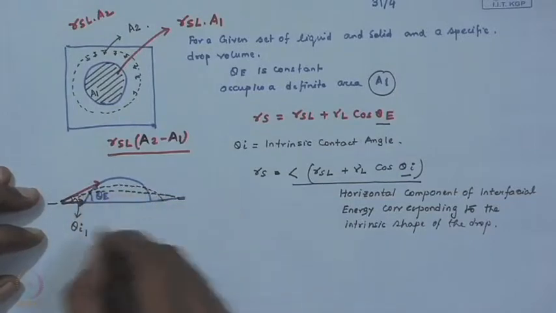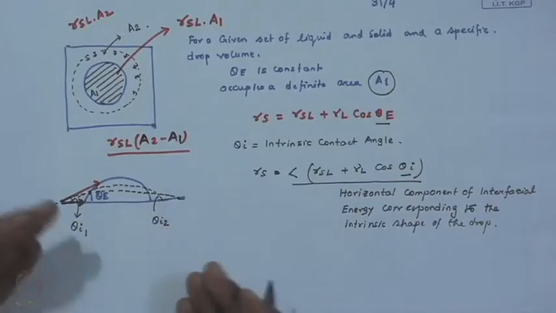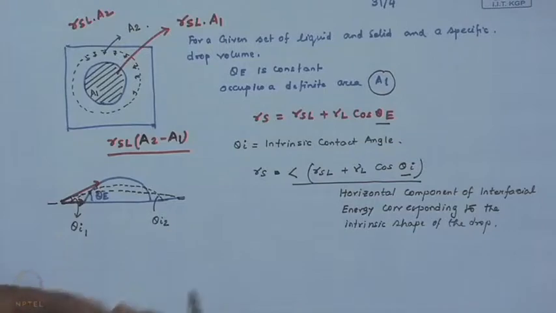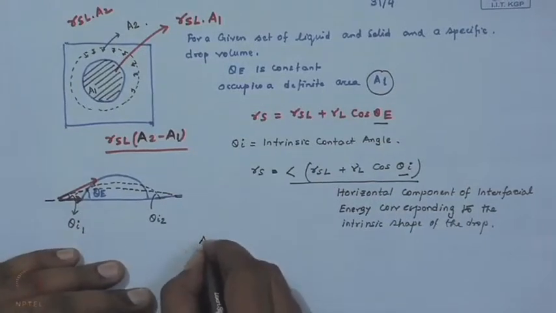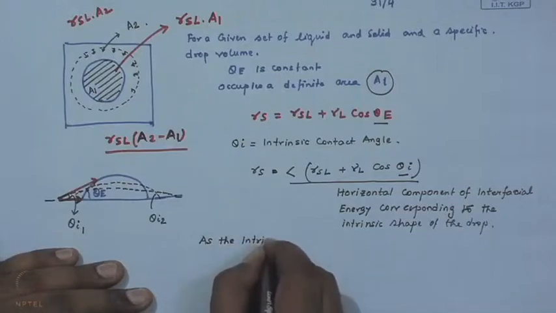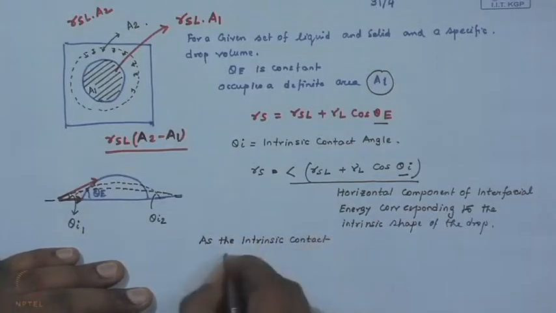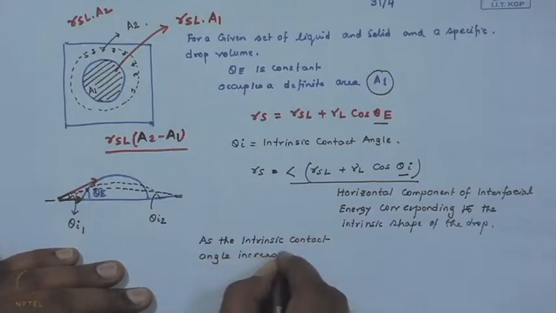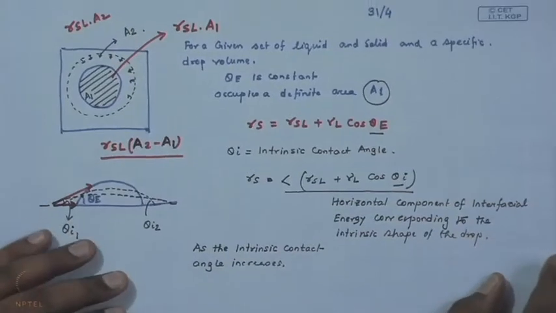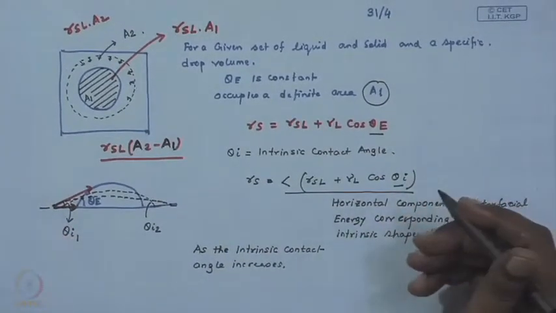If this was theta I1, at an intermediate stage this will be theta I2, and as the intrinsic contact angle increases, this imbalance progressively starts reducing.